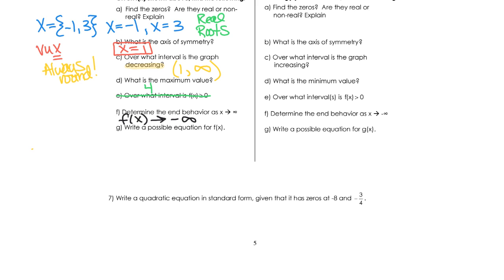We're going to take our roots, which are x equals -1 and x equals 3, and we're going to go backwards back to the equation. And they say a possible equation because there's many equations where a parabola can have these two roots. Okay, so that's why they say a possible one. So we're going to go ahead and take our solutions, our roots, and turn them back into factors.